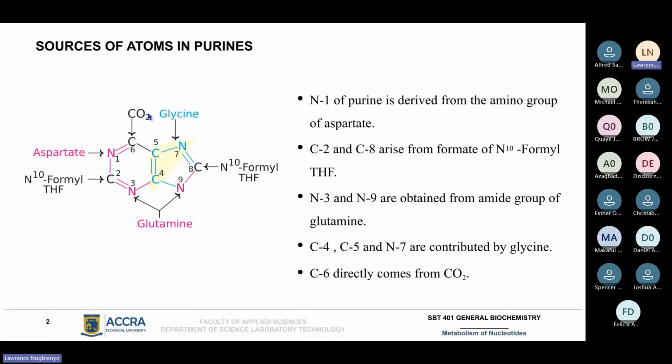So quickly we see that N1 in the purine ring is contributed by aspartic acid. That's an amino acid, aspartate. C2 and C8 come from tetrahydrofolate.